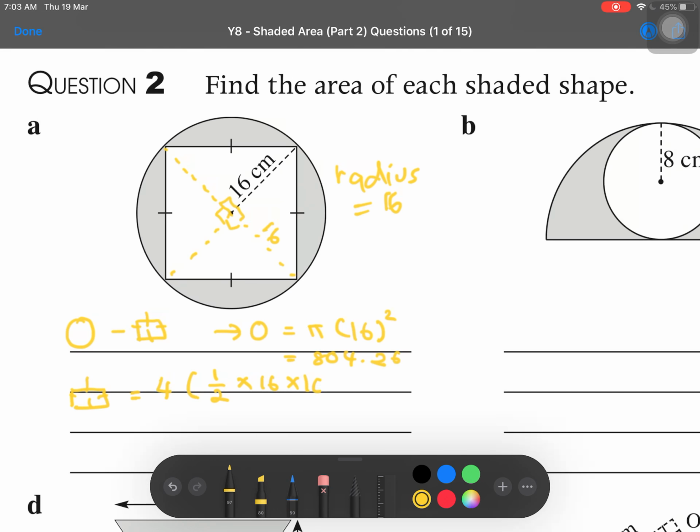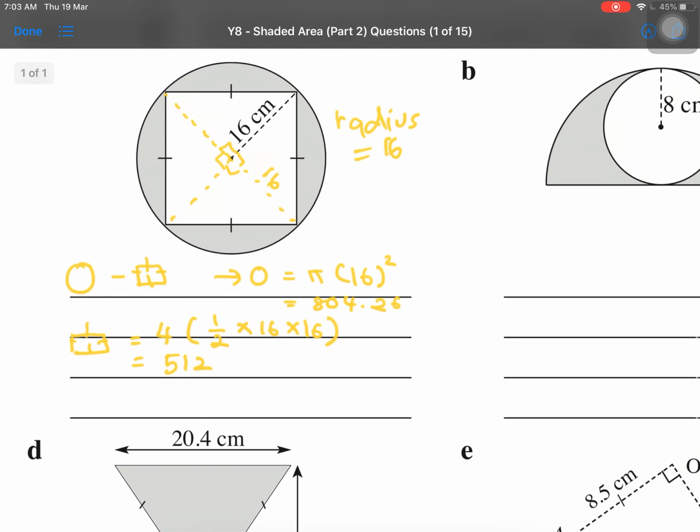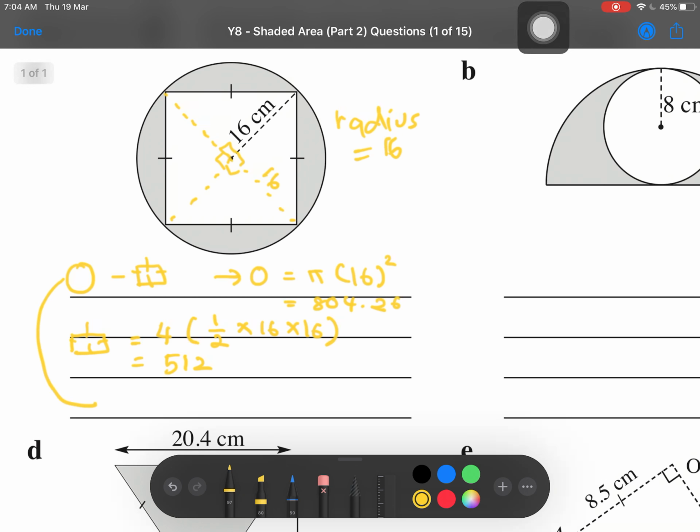Half times base times height. And this will give us 512. Okay, referring to our strategy just now, that means we have to solve the first step that we have planned already. So you just have to minus this, 804.26 minus 512, and this will give us 292.3 cm squared.